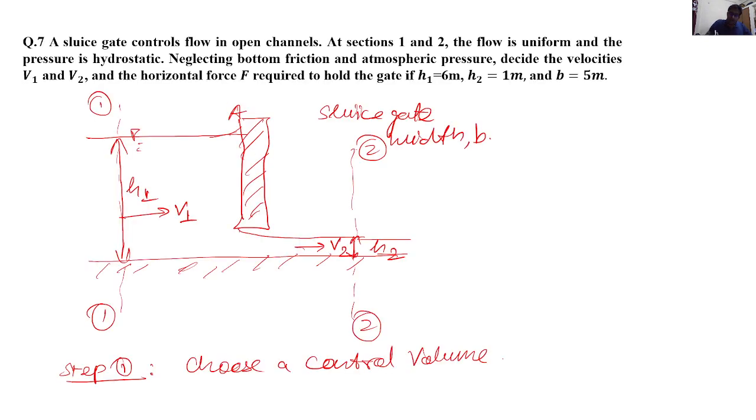So let us just redraw whatever was given in the problem. This was a sluice gate, and in order to keep the sluice gate at its position, there is a force F in the original problem, and we need to find this horizontal force F, which is required to hold the gate at its original position. So coming back to the question, the sluice gate would look a bit like this. I'm trying to draw the control volume here. This is the channel bed, and this is the upstream.